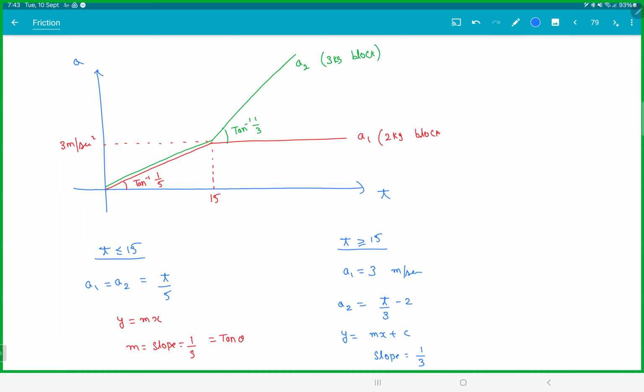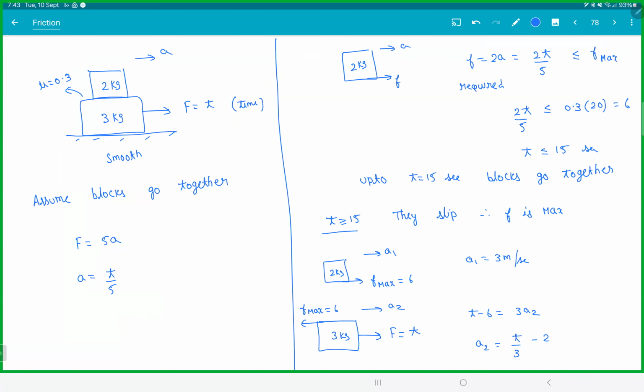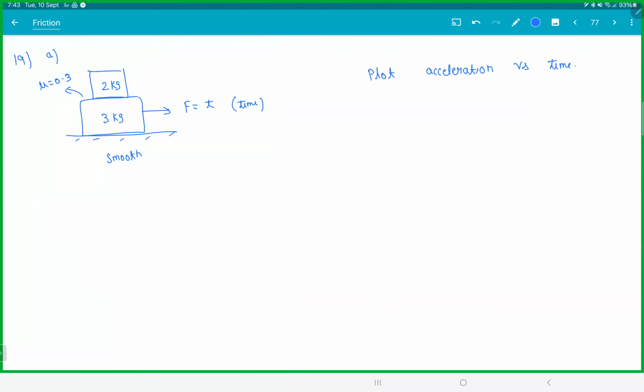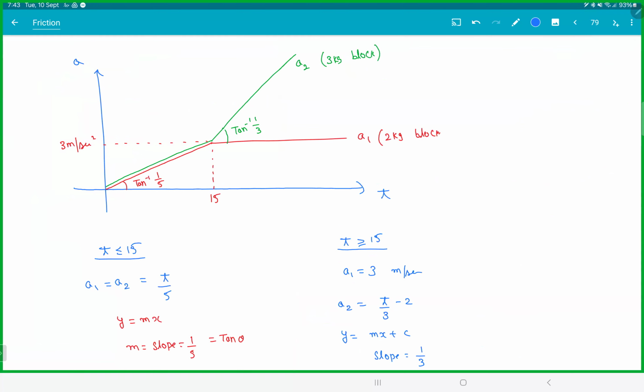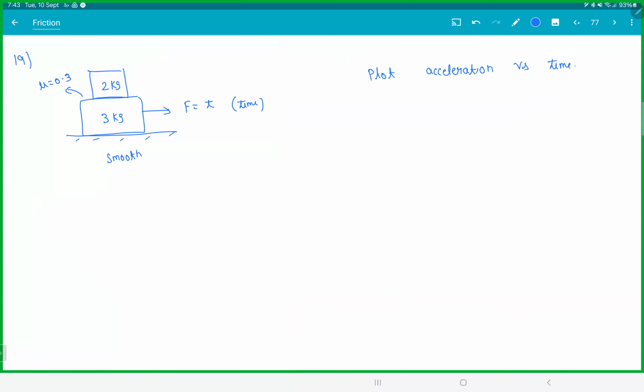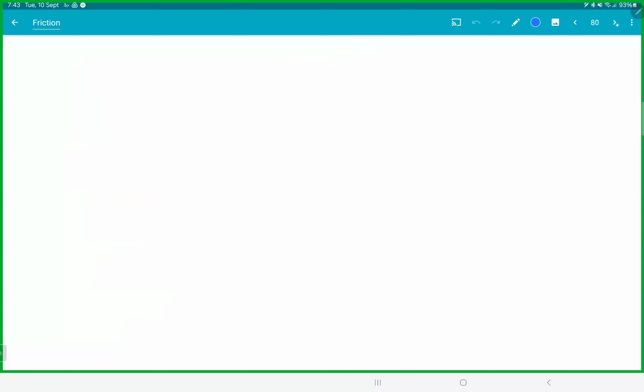Let's see one more like this. Understood how to do with time now? Let's bump up the level. Same blocks, we will keep the blocks the same, 2 kg, 3 kg.